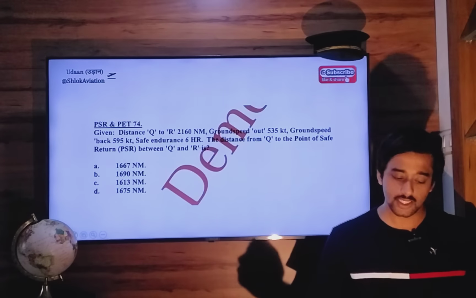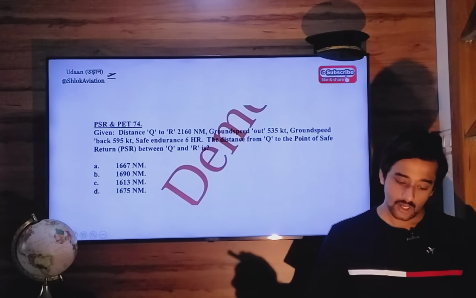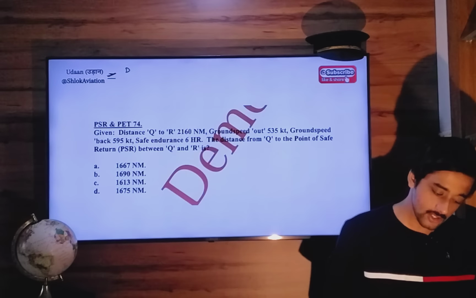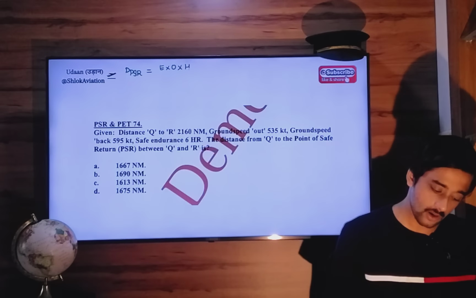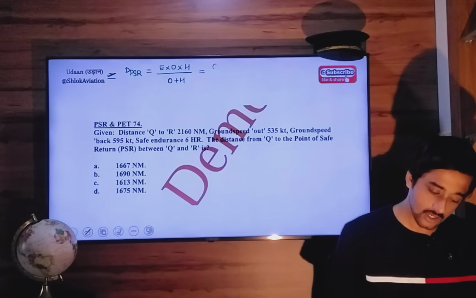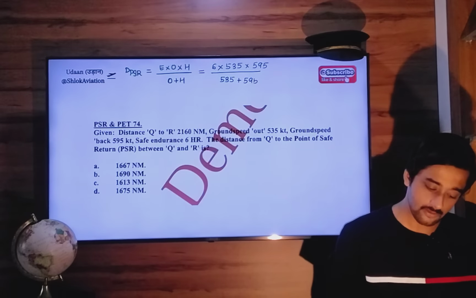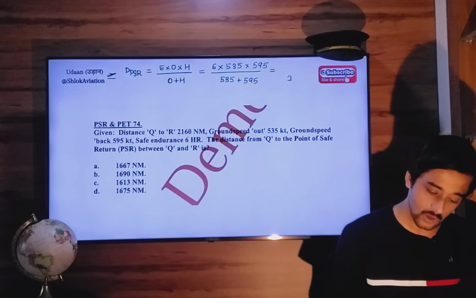Next, 74. Distance Q to R 2160, outbound speed, homebound speed given, endurance is there. What is the distance from Q to the point of safe return? Again, formula based question. Distance to point of safe return is endurance into outbound speed into homebound speed divided by outbound plus homebound. Endurance is 6 hours, outbound 535, homebound 595 divided by 535 plus 595, which is 1130.